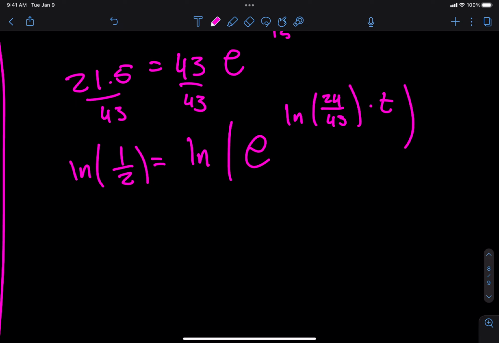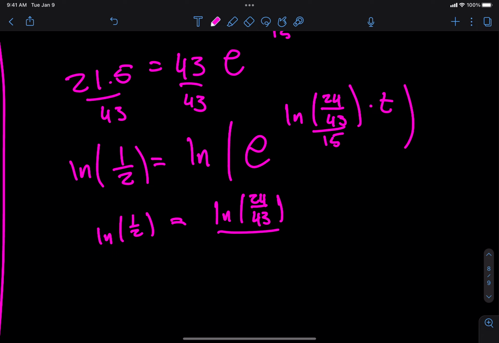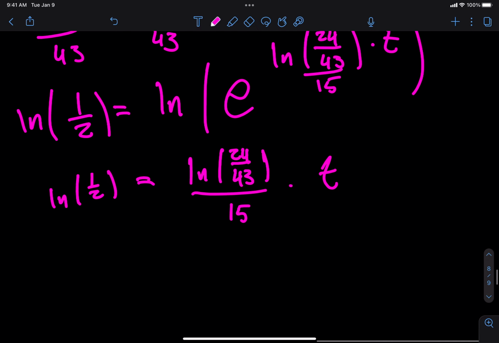And we get ln of 1/2 is equal to, the ln and the e cancel one another, and we're left with just whatever was in the exponent, which was ln of 24 over 43. Jeez, 43. I don't know why I keep writing 34. And also I missed a 15. Over 15 times t. So what is t going to be equal to?